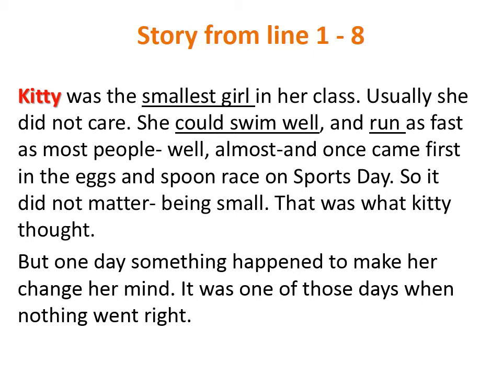And also she won some places on the sports day. So she is not thinking about her height. She is performing well in her school activities. But what has happened? One day something happened to make her change her mind. So let's see what has happened to Kitty.